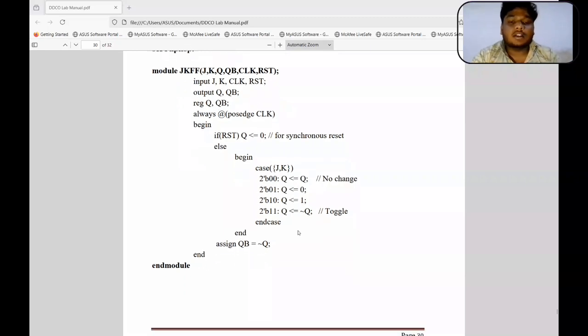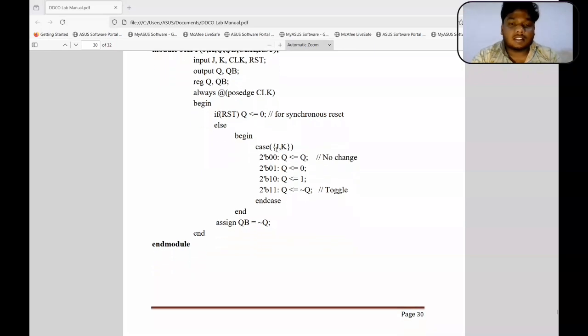This is the always block of the program. Always when the clock triggers, if reset value is 0, it is a synchronous reset, else case JK starts. When input is 0, 0, there is no change. When input is 0, 1, output is 0. When input is 1, 0, output is 1.